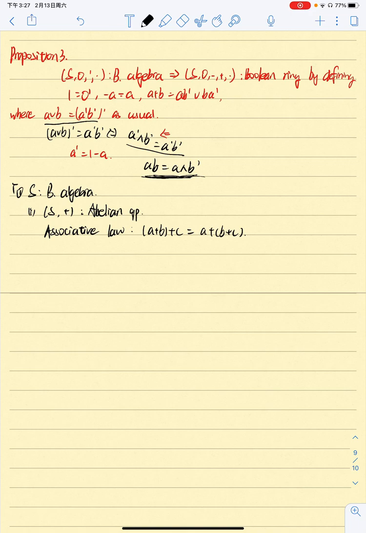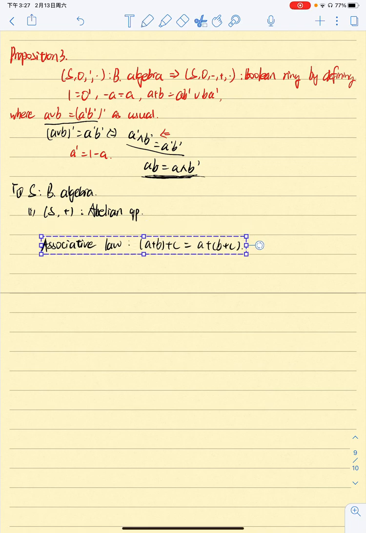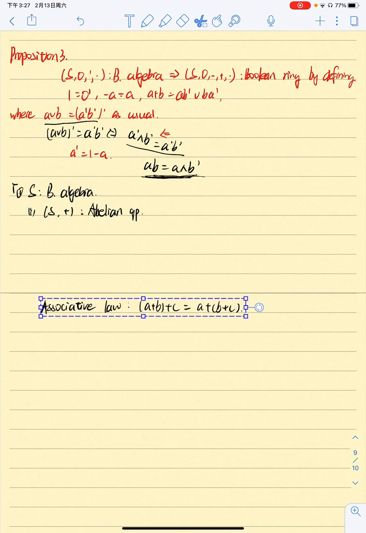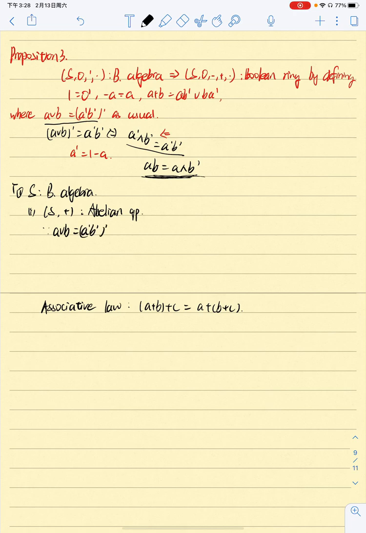Okay, let's write down. Because A or B equals A prime B prime, prime.